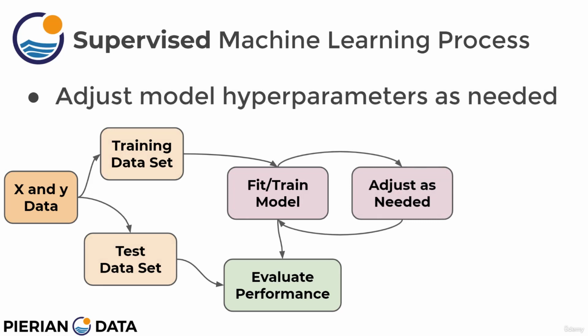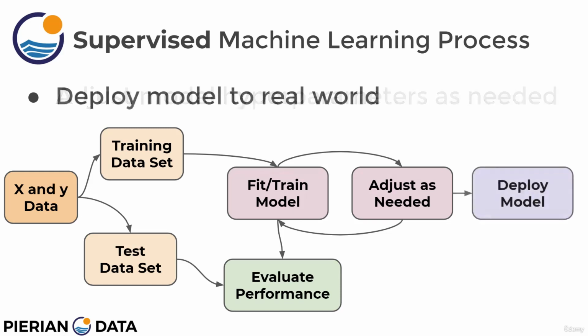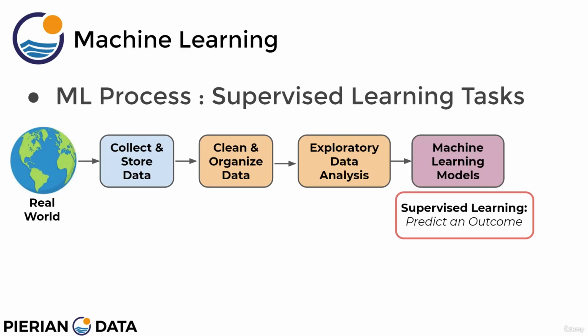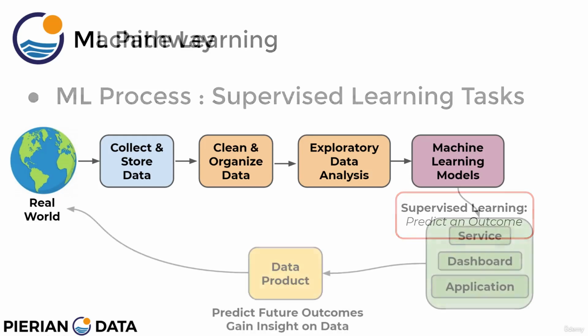Then we can adjust model hyperparameters as needed and essentially repeat that process of training the model, adjusting it, and evaluating its performance as necessary. Once you're satisfied with the model, you can deploy the model to the real world. So that is the supervised learning process for machine learning models.